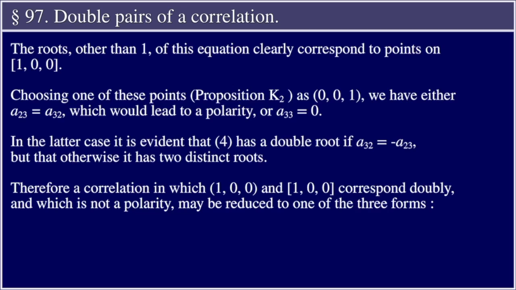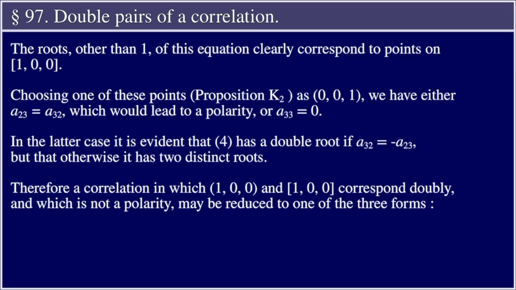Choosing one of these points, proposition K2, as 0, 0, 1, we have either a23 equals a32, which would lead to a polarity, or a33 equals 0. In the latter case, it is evident that equation 4 has a double root if a32 equals negative a23, but that otherwise it has two distinct roots.